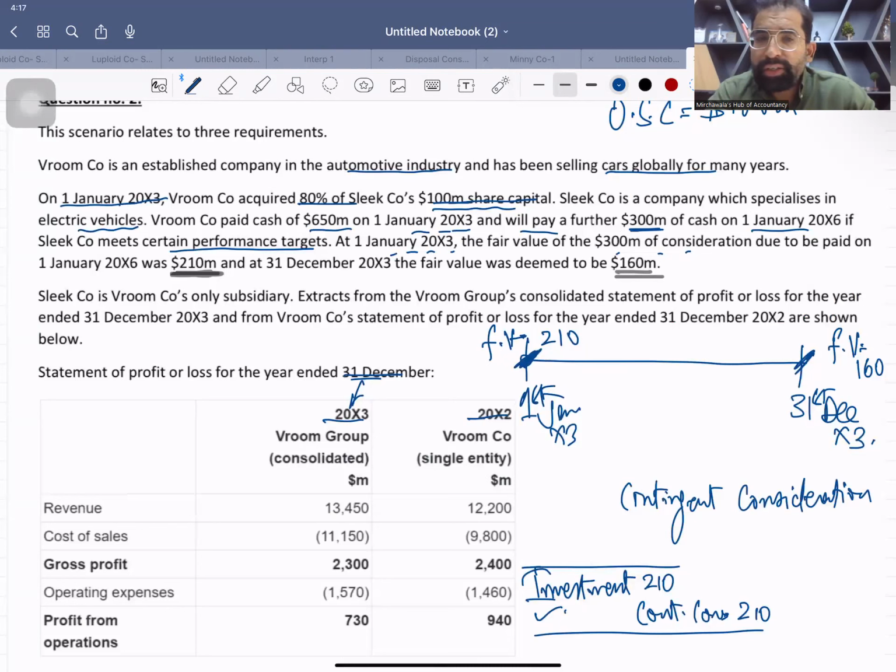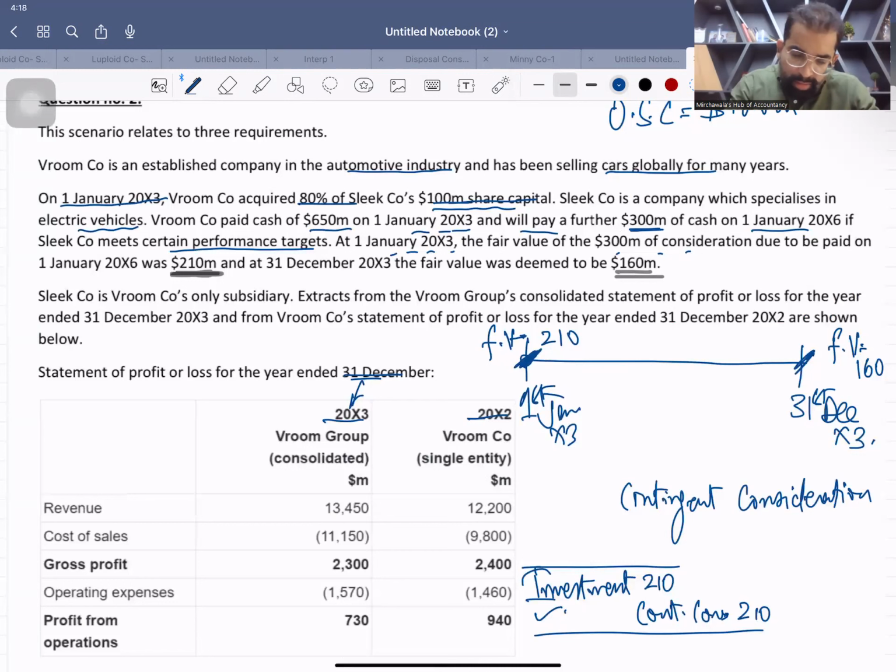And contingent consideration must always be recorded at fair value of acquisition, which is 210 million. So these two will be recorded in the calculation of goodwill. These are your COIs, right? Now, one more thing, very interesting thing, and I'm sure those who have taken proper classes know this concept.